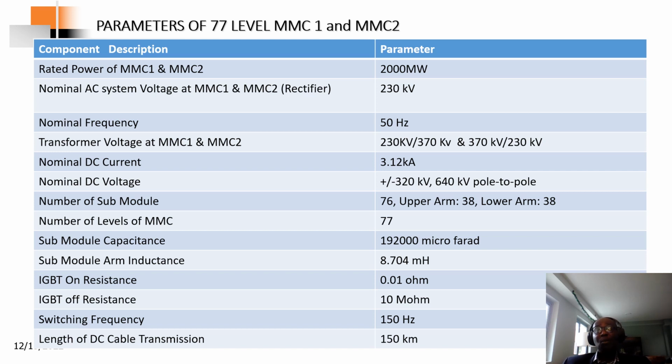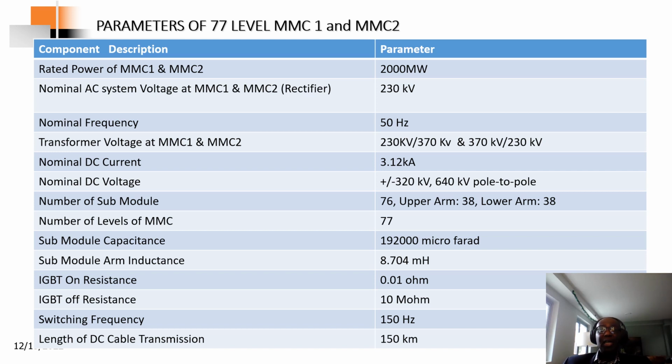I need a plus or minus 320 kV voltage, that is a pole to ground voltage of 320 kV and a pole to pole voltage of 640 kV. So I should be able to step up the voltage to the required AC voltage, which will allow me to get the DC voltage that I need.